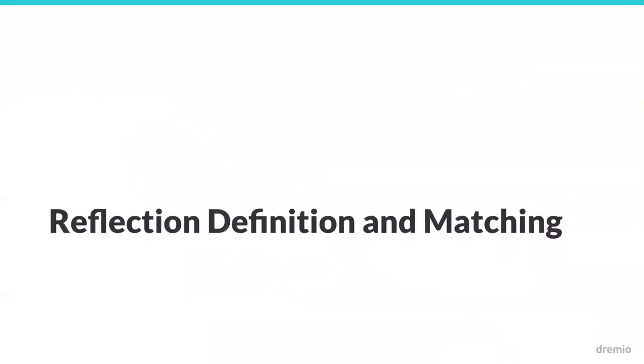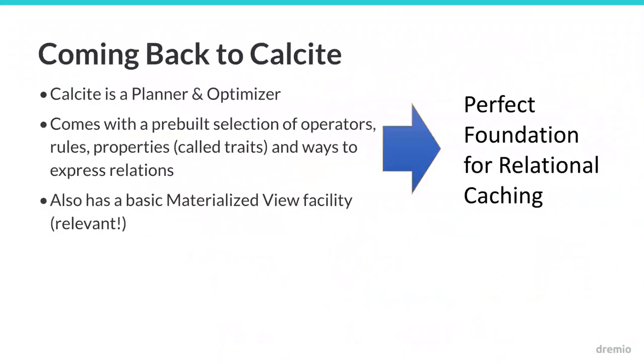So let's talk a little about reflection definition and matching. First off, coming back to Calcite, like I said before, Calcite is an Apache project. It is a planner and an optimizer, and also a SQL parser.